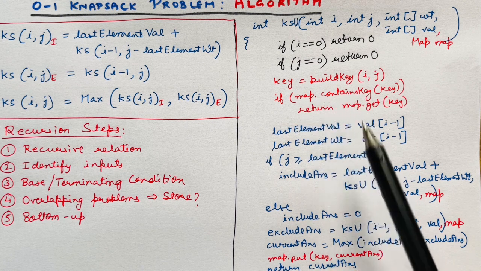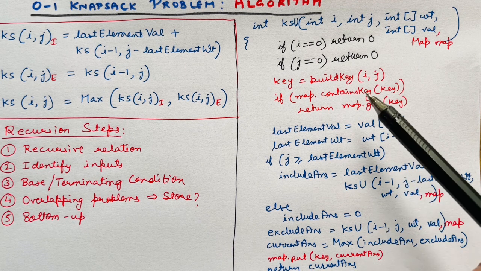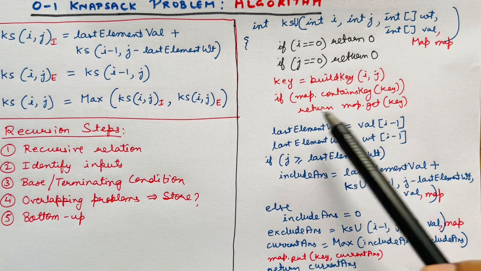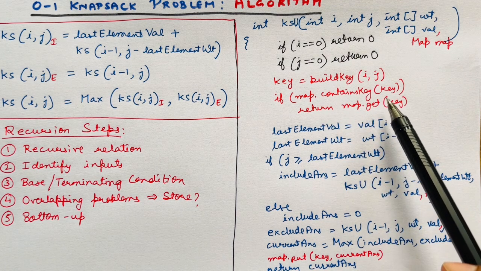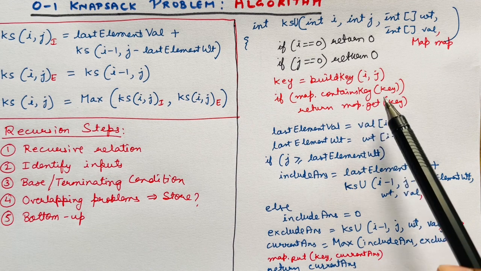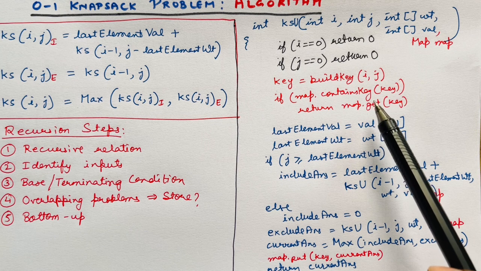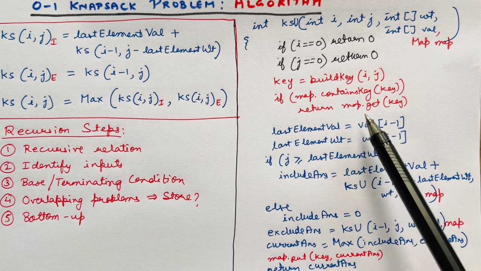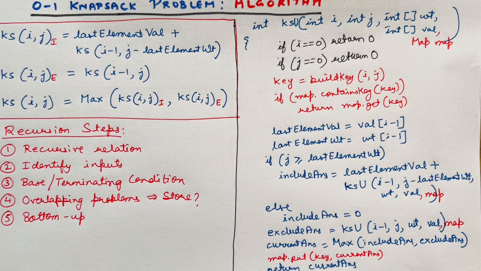And now, before returning our answer, we will save this answer in the map against the key. And before calculating the answer for any input, we will first check if this input was already seen. If this was already seen, then this would have been present in the map and we can return the answer directly from the map. This way we avoid the duplicate calculation.